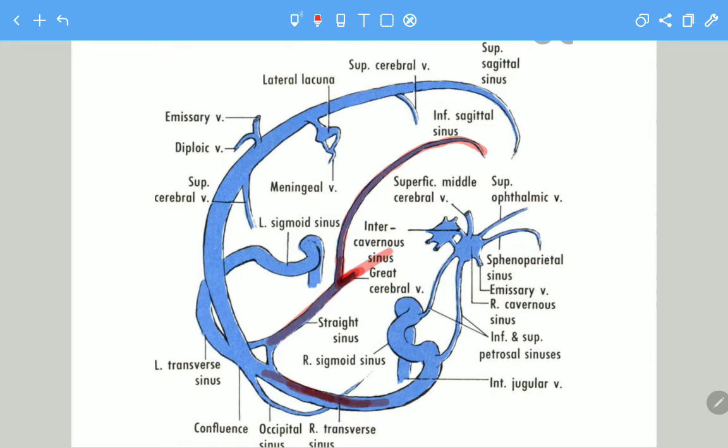So now we'll go to the dural venous sinuses.